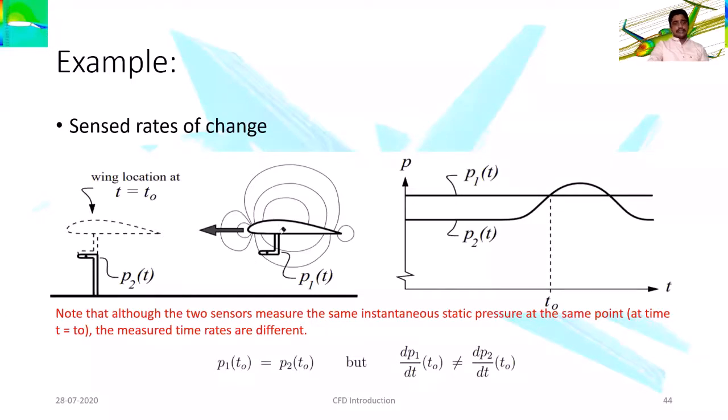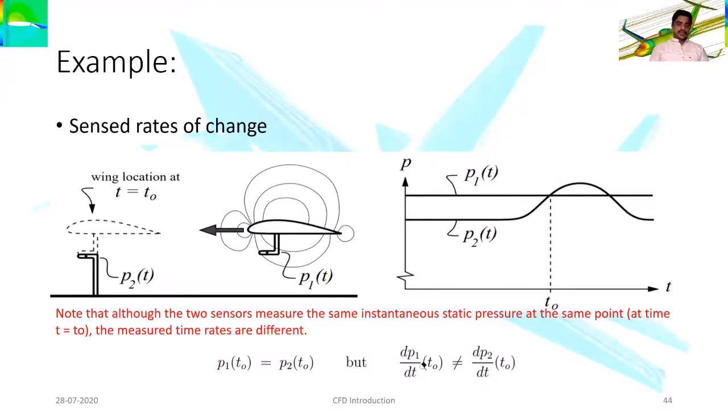So at an instant t equal to t naught, with pressure port P1 and pressure port P2 brought very close, a sensed change in the pressure is measured. This is the image representation here. Although the location from the wing to the pitot tube location is the same, that is P1 of t naught to P2 of t naught, the instantaneous change in time, which made the wing move from one location to the other during the time travel, has made the change in pressure on port 1 not equal to the change in pressure on port 2.